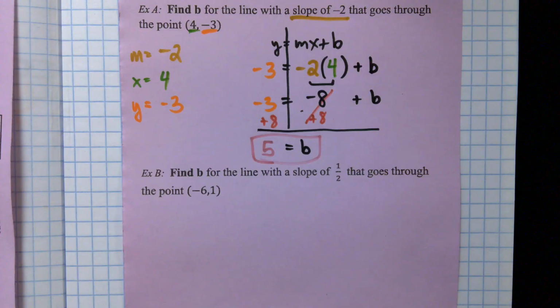Now that I have -3, I've got to do the opposite because I want to swing it over here. So what's the opposite of this? There you go. Do that on both sides, see what you get.